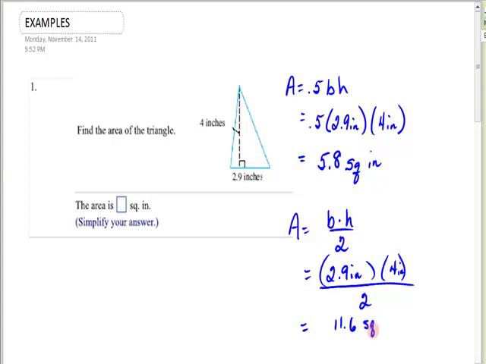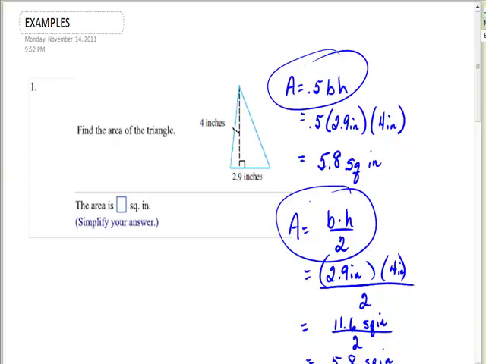It's already square inches because it's inches times inches. Divide that by 2, and I'll still get my 5.8 square inches. So it is your choice whether you want to use that version or that version of the formula. You get the same answer.